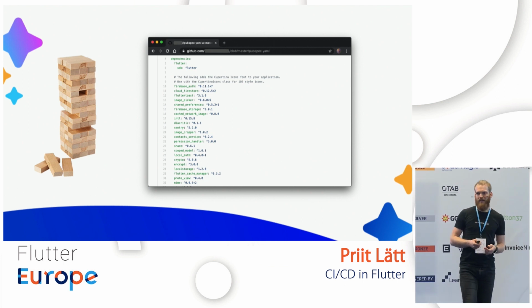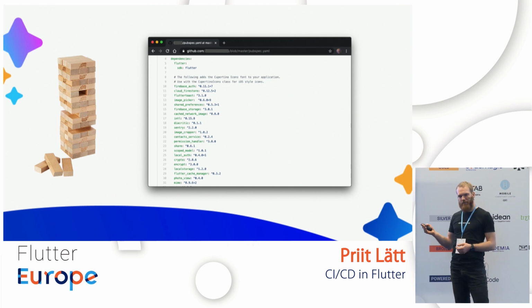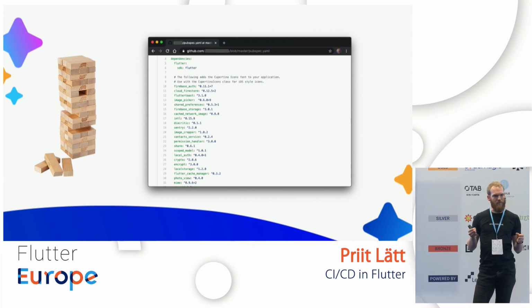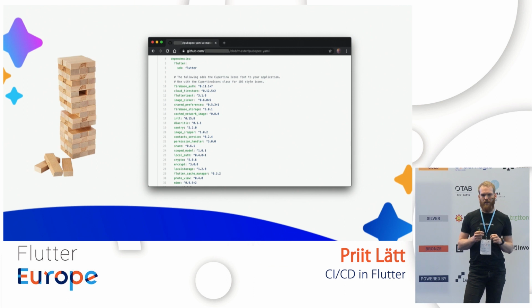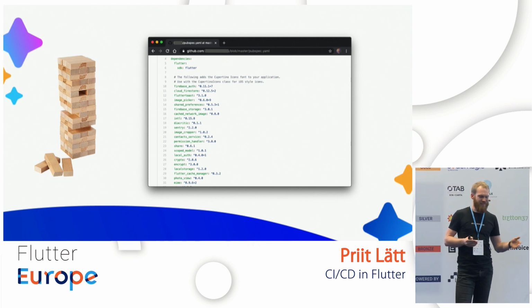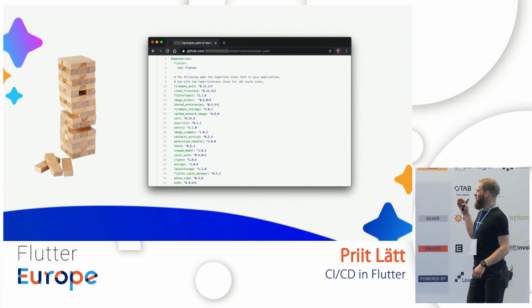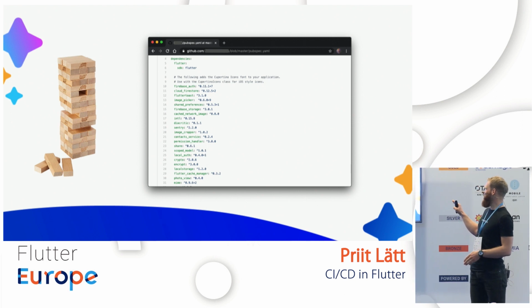And sadly, what we've seen is that many very basic open source applications, some so-called templates even, that are essentially maybe shopping lists or to-do lists, don't even interact with any internet services, but they have many Firebase packages.